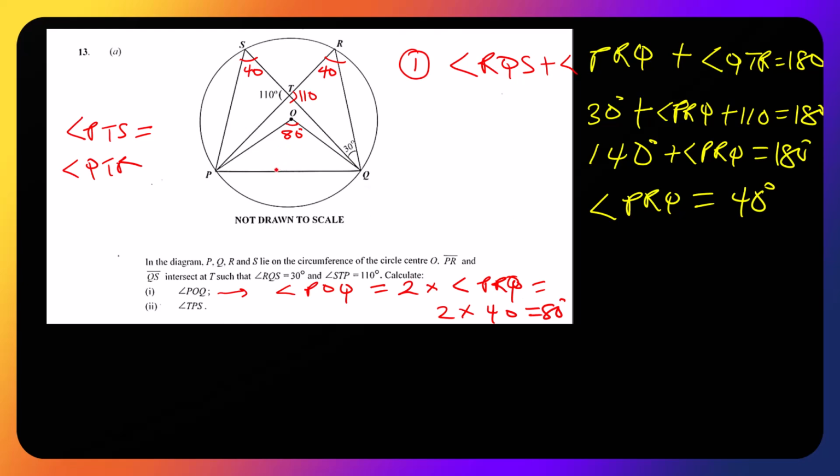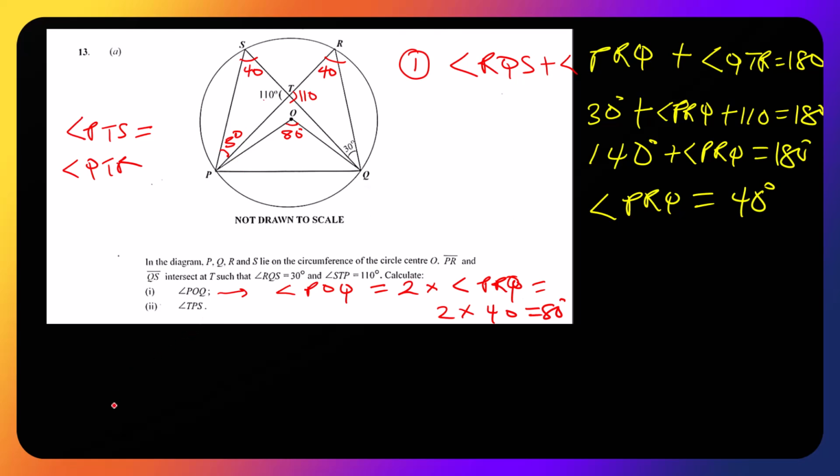Now let's go to part II, angle TPX. When we follow this information, this side will simply be 30 degrees, because 40 plus 110 plus 30.